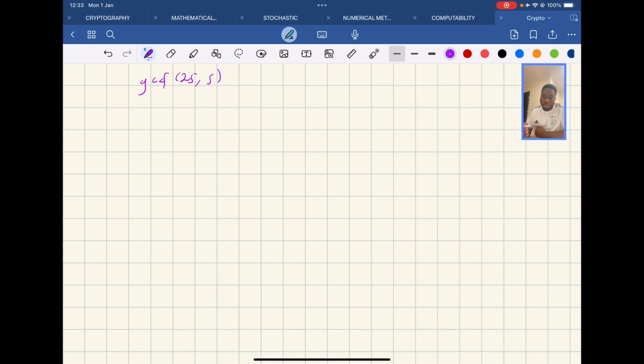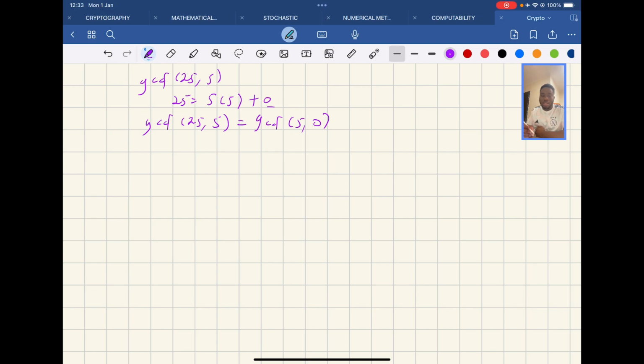Now, if you want to keep on solving, you can also see that 25 is equal to the quotient 5, and it goes into 25 5 times plus a remainder of 0. So now GCD of 25 and 5 is equal to GCD of 5 and 0.